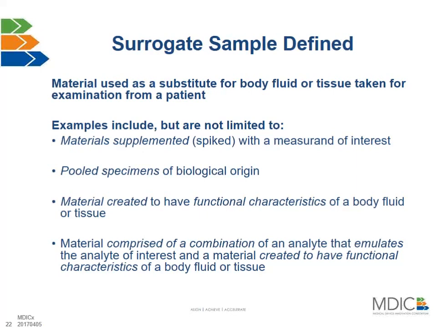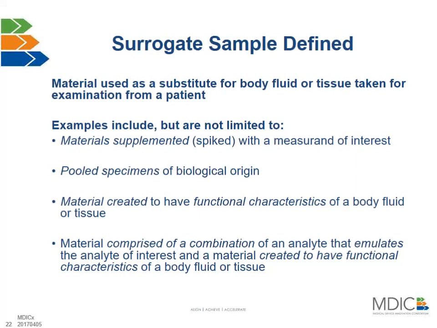To increase the clarity of the definition, we've included the following examples, which are materials supplemented with an analyte of interest, pooled specimens of biological origin, material created to have functional characteristics of a body fluid or a tissue, and material comprised of a combination of an analyte that emulates the analyte of interest and a material created to have functional characteristics of a body fluid or tissue.